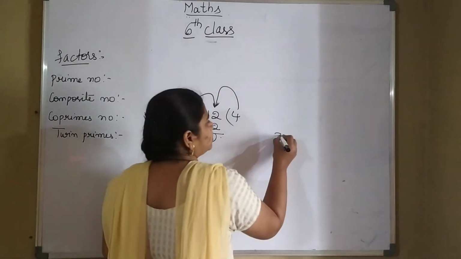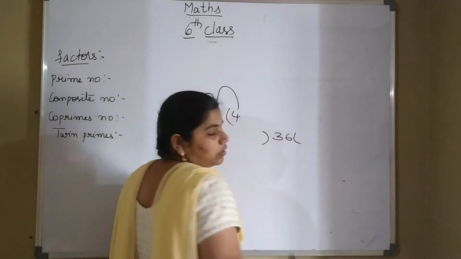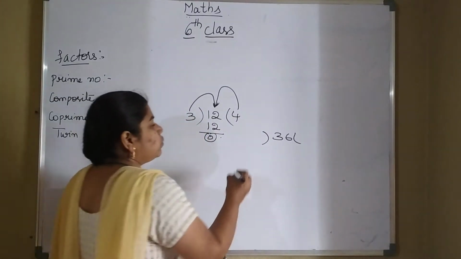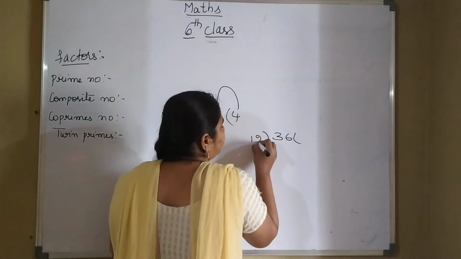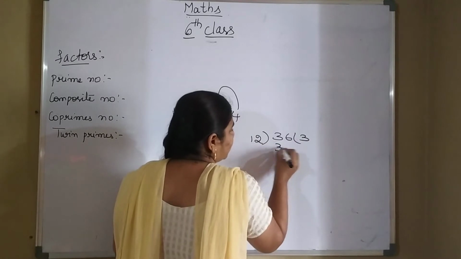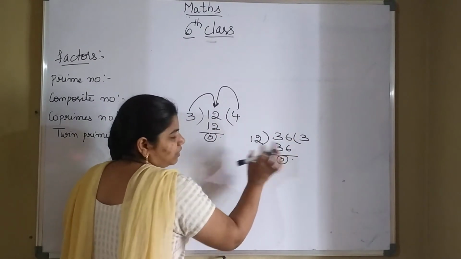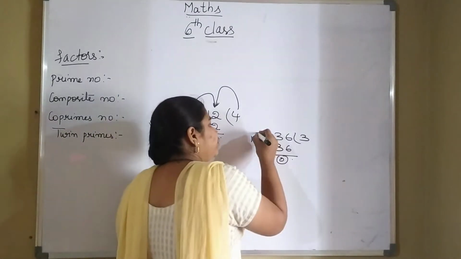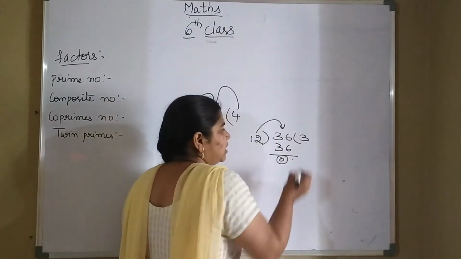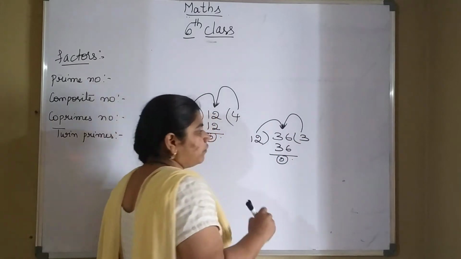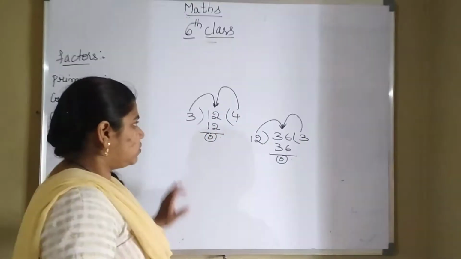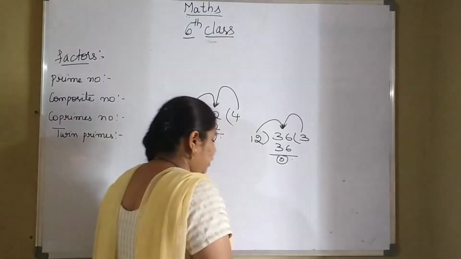You take it as 36. So how many times you can take 12? 3s are 36. You got the remainder as 0. That means it is exactly divisible. That means 12 is also a factor of 36. 3 is also a factor of 36. So this is about factors. What do you mean by factor?